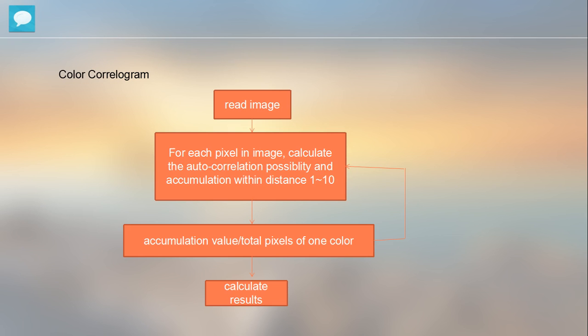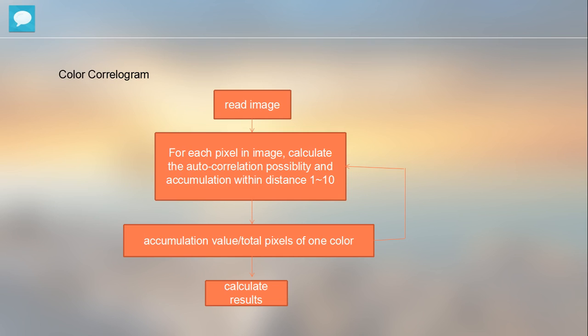Here is the process I used to get the color correlogram. It reads the image, and for each pixel in the image, calculates the autocorrelation probability and accumulation within a distance of 1 to 10, so the k is 10. The accumulation value is divided by the total pixels of one color, and then we calculate the result.